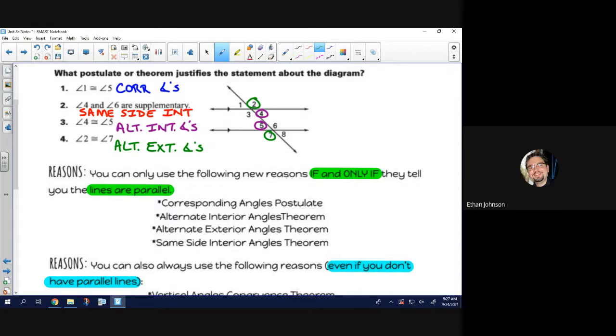So we have a few more reasons for proofs now. It says you can only use the following new reasons if and only if they tell you the lines are parallel. So if you remember, when we do proofs, we write down one given. Well, now, if that given says parallel, it unlocks these 4 for use. If we do not say they're parallel, we can't use those 4.